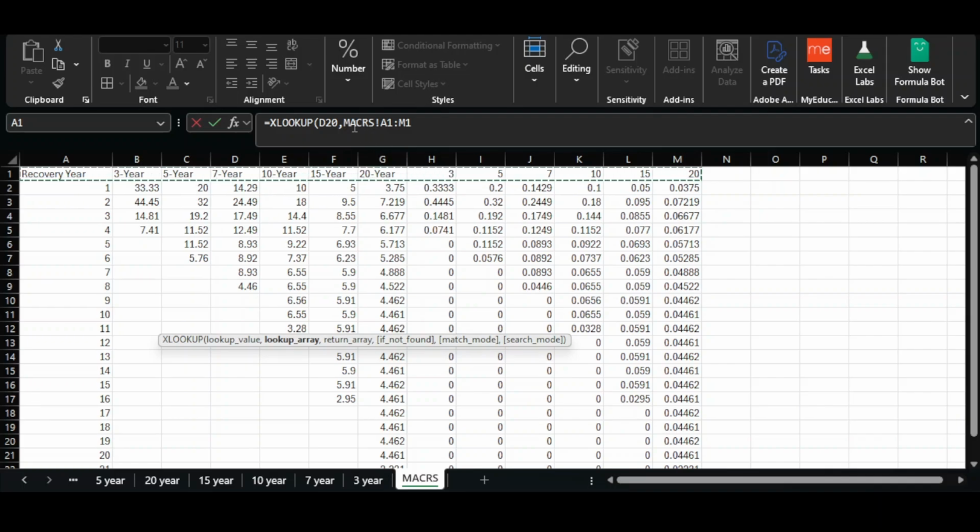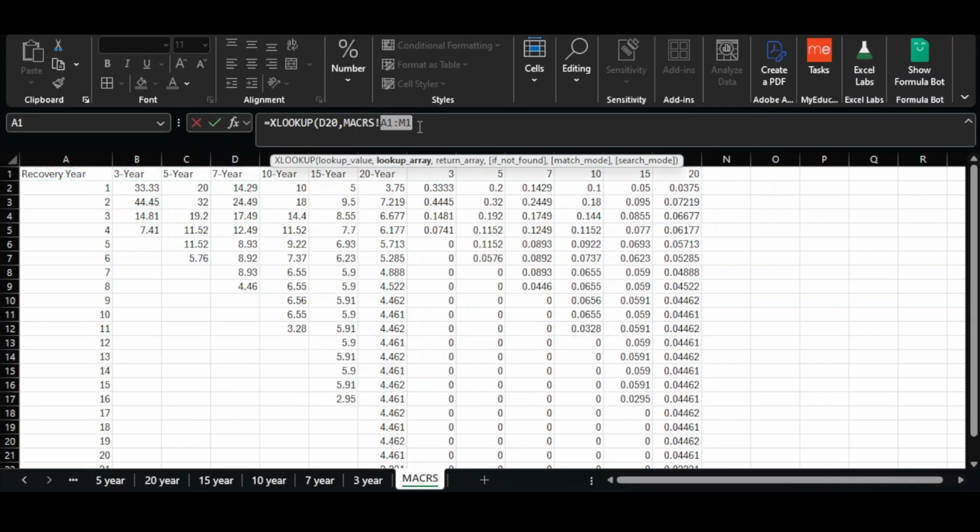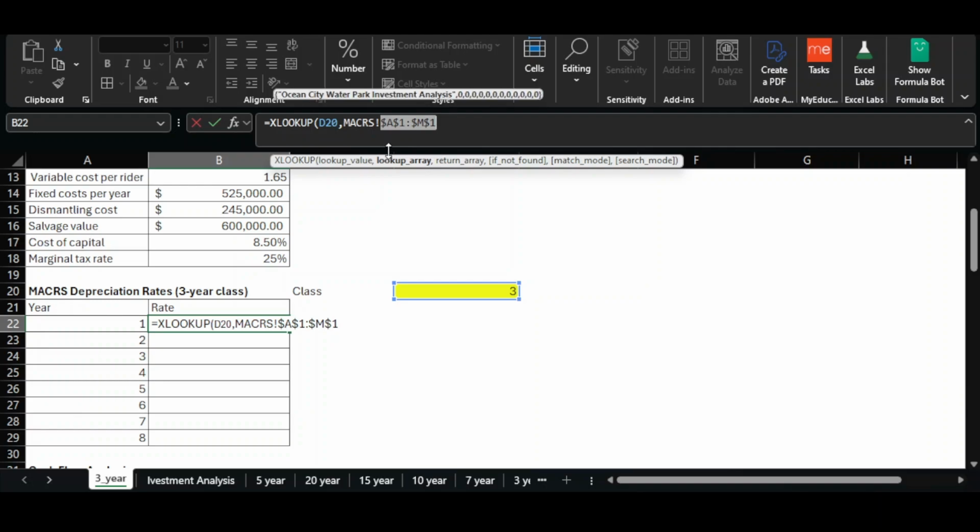After doing so, you must also highlight. See, it says A1 to M1, because it really is A1 up to M1 as a range. You need to modify this range, highlight it, and put a $ sign in front of the letter and the number to make it an absolute reference.